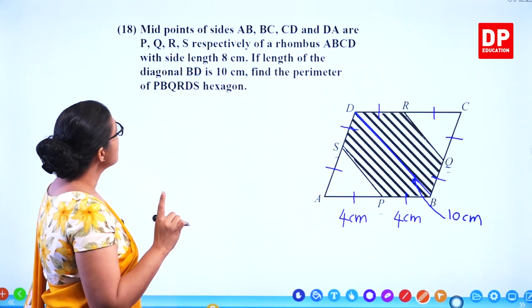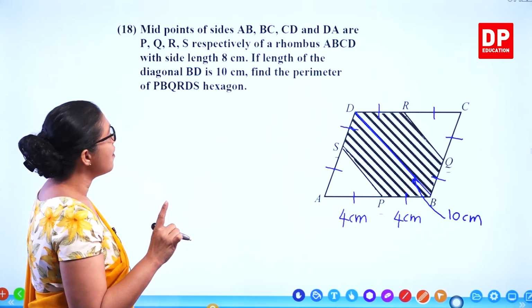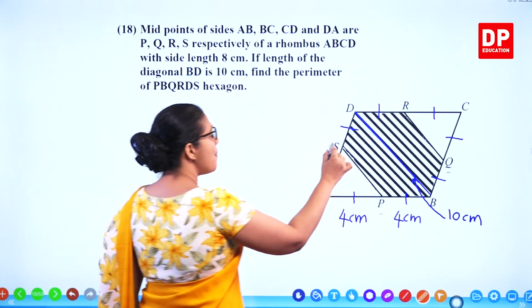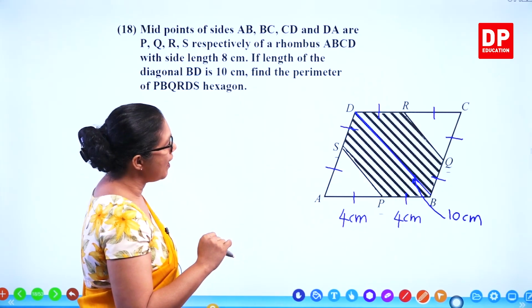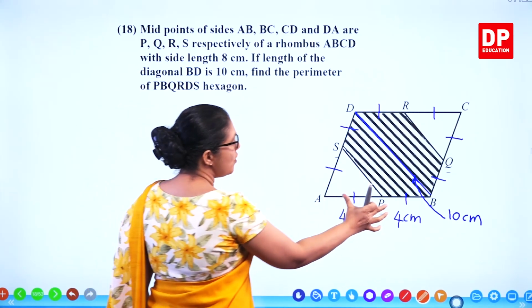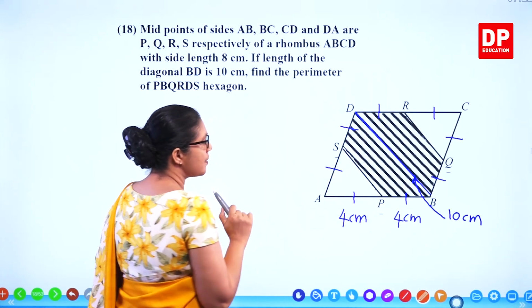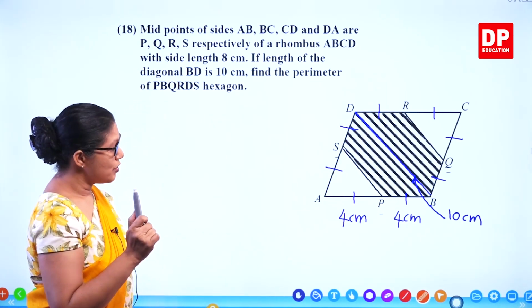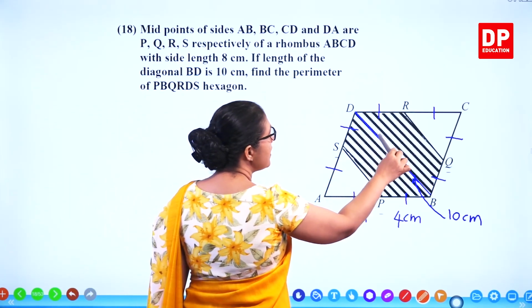Find the perimeter of PBQRDS. So that means the perimeter of the shaded part. So how can we find out? These two lengths are equal, so P is the midpoint. Here also a midpoint. What can you use? We can use the midpoint theorem.